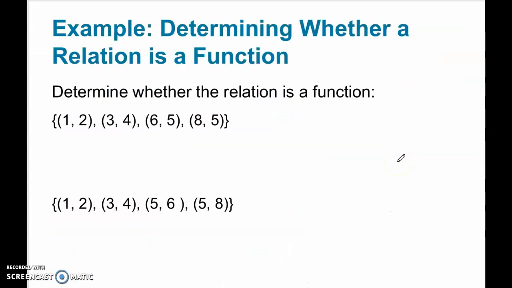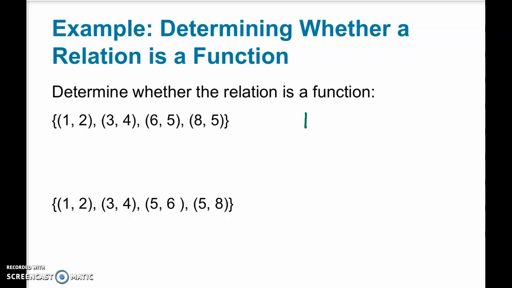So here we have 2 different sets of ordered pairs, and we're going to see if the relation is a function. So we'll start here with the first set. I'm going to list out my x's like this.